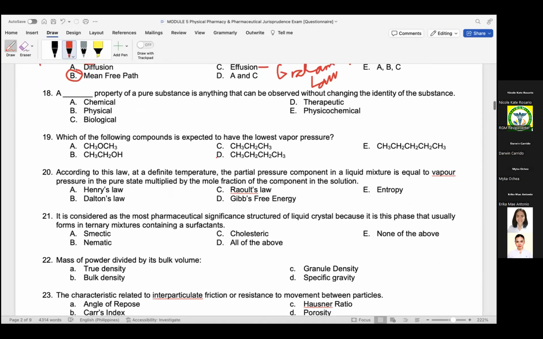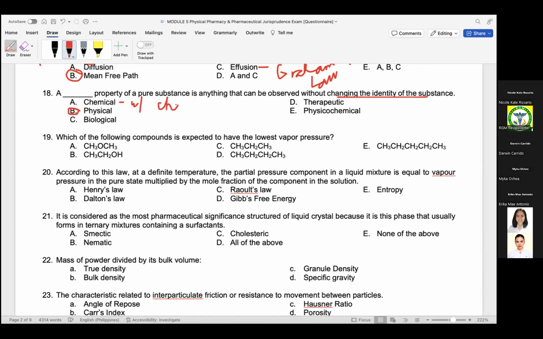Number 18, a blank property of a pure substance is anything that can be observed without changing the identity of the substance. Oh, yan na. Without changing the identity, that's just a physical property. So, pag chemical, with change in the identity.